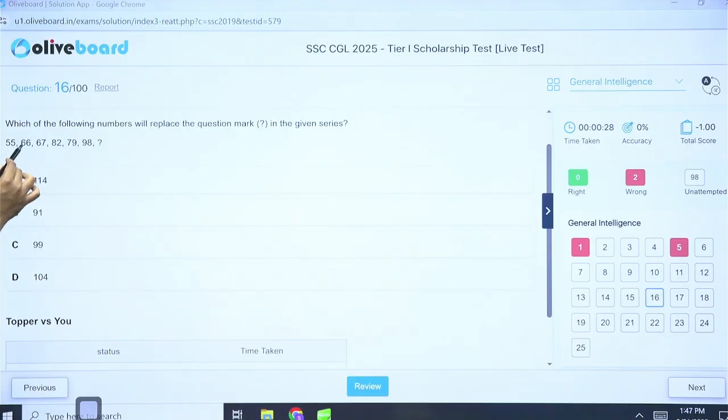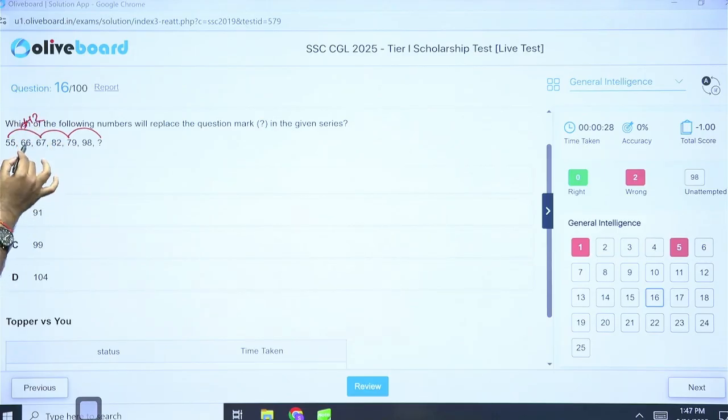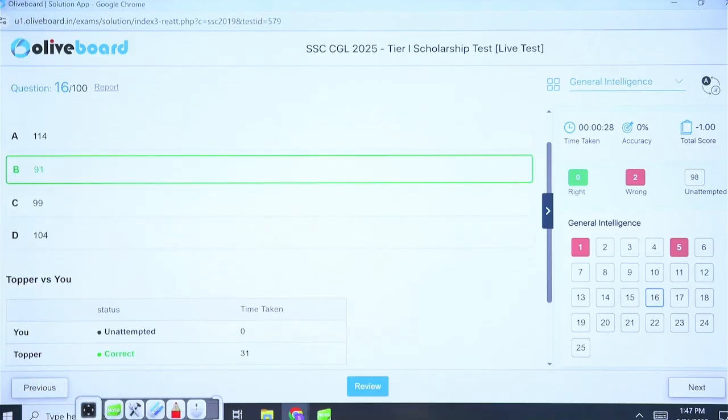See, this is 11, then this is 1. Now, here, does it make sense? 67 and 82. There is no sense. But if you alternate this, so 55 and 67 is 12, 67, 79 is 12 again. 79 plus 12 can give you your answer, which is 91 plus 12. Similarly, just to check it, 66 and 82, so this is 16. 82 and 98, this is 16 again. So this is an alternate series and this gives you 91 as the correct answer.